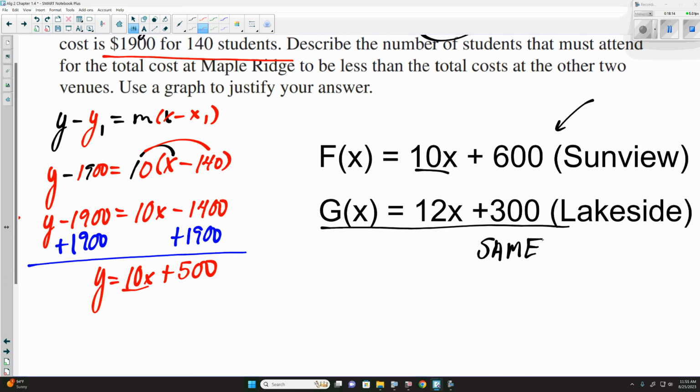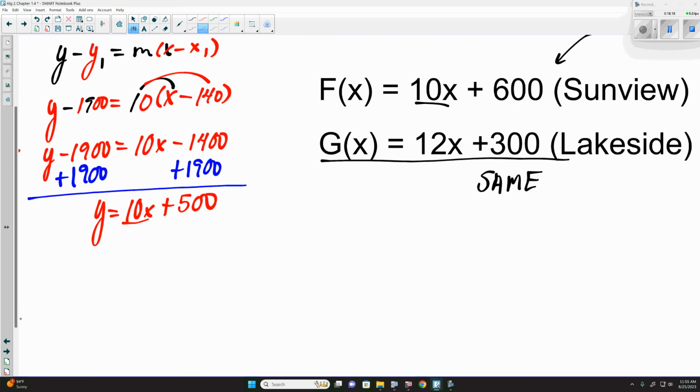So if we can see where they're the same, we can then determine where Maple Ridge will be cheaper. And to do that, just like with the last one, we're going to set the two equations equal to each other. 10x plus 500 is equal to 12x plus 300.